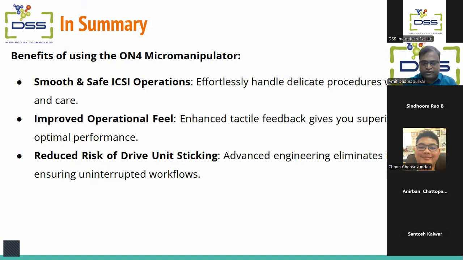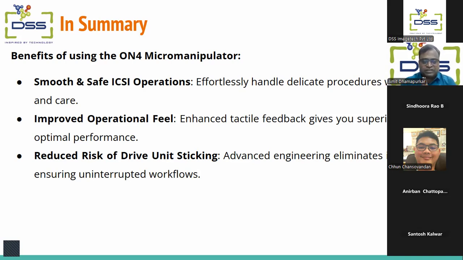Like we use the halogen lamp in this ON4 micromanipulation system, though the LED is also available. But using the halogen lamp gives you the maximum peak, which is very important and crucial whenever you are using any contrasting techniques. And here in this micromanipulation system, we are using relief contrast, which is RC.